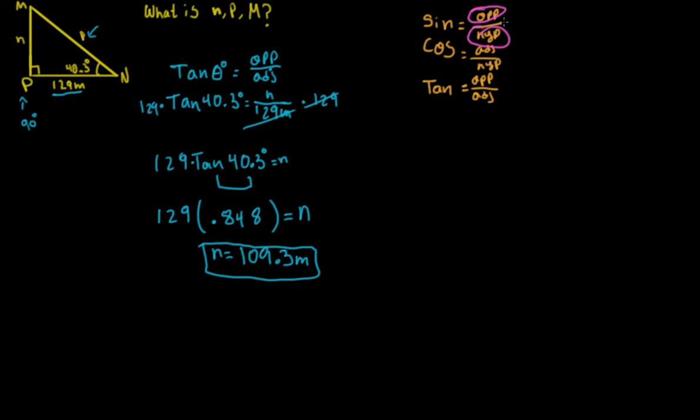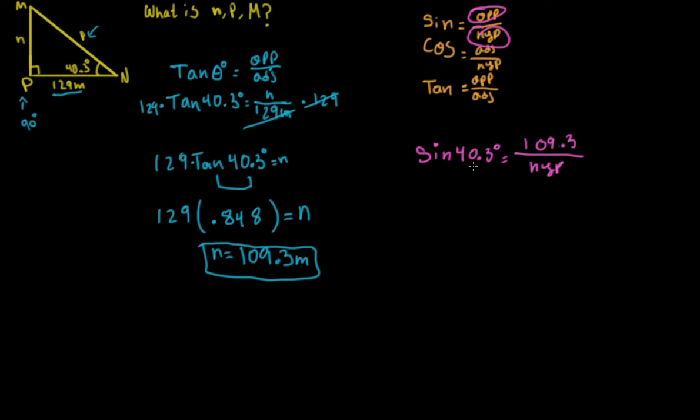So we already know the opposite, so we're gonna say sine of the angle, 40.3 degree, equals the opposite, which is 109.3, divided by hypotenuse.